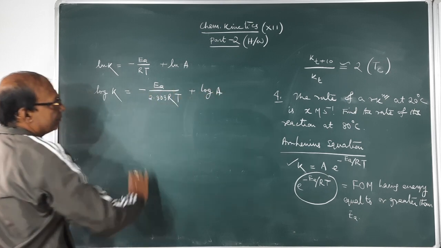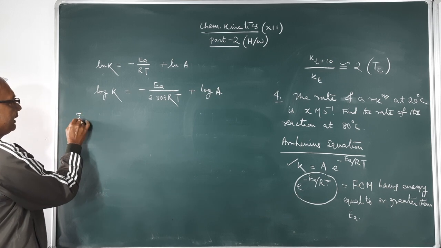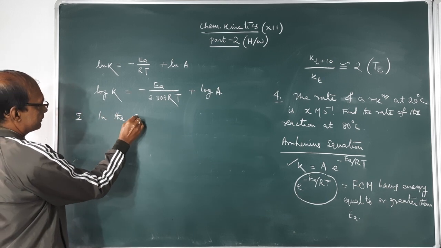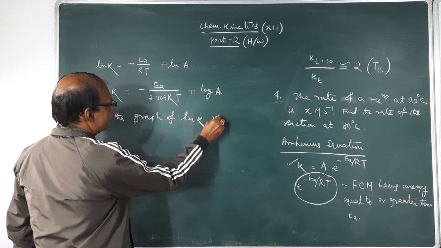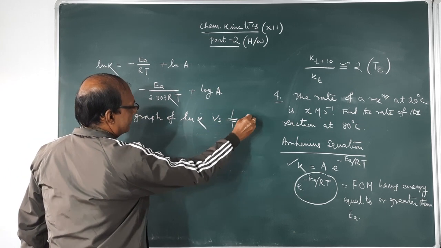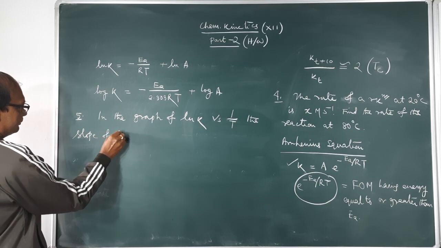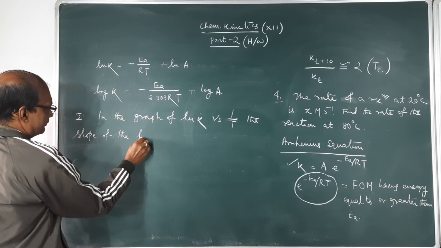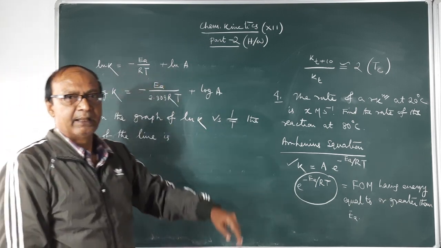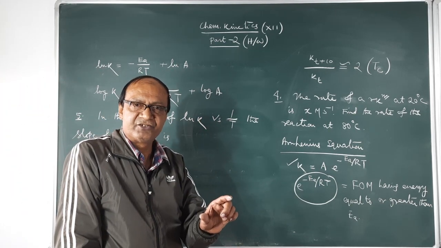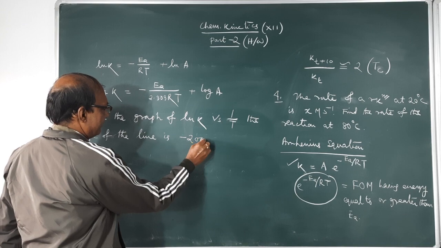What type of questions generally come in the examination? See, I am writing question number 5. In the graph of ln k versus 1 by T, the slope of the line, it's a straight line, y equals mx plus c, a straight line with negative slope.